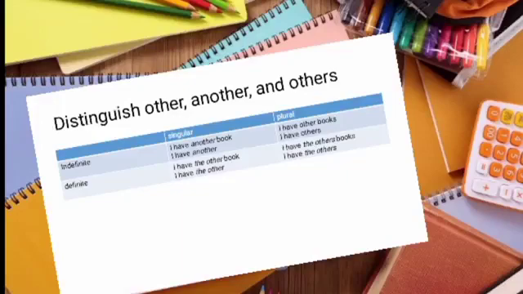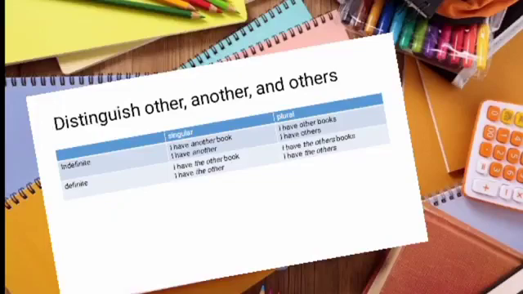Second is whether it is definite or indefinite. And the third is whether it is an adjective that appears with a noun, or a pronoun that appears by itself. Okay, let me give you examples so that you can more easily catch my point. Look at the table there.